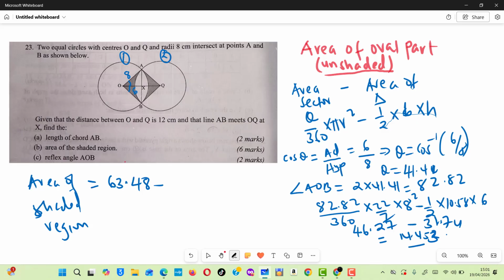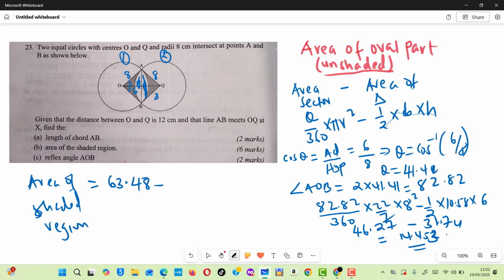Remember, this is the area of one side of the oval part, which is this side. And then there's another side also, which is this one. Since these two circles have the same radius, they have the same area. So 14.53 is not the area of the whole oval part. The oval part has two sides, the right side and the left side.